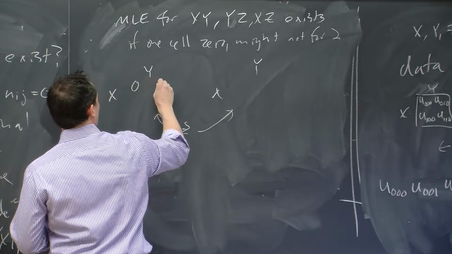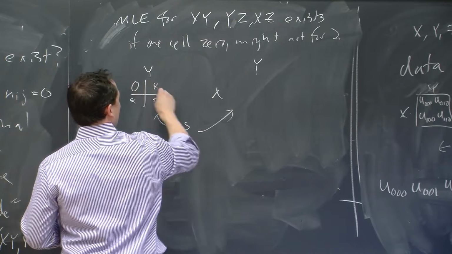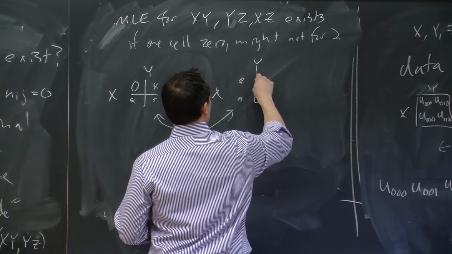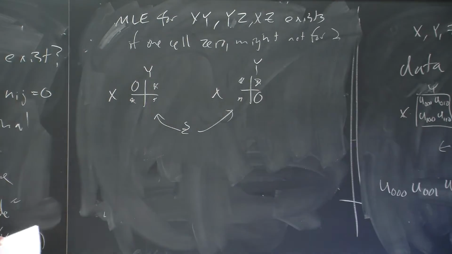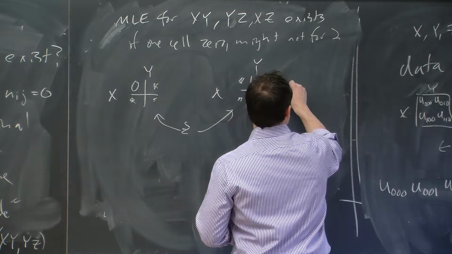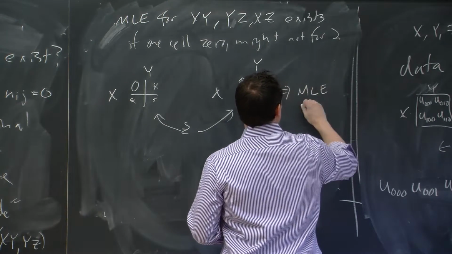If I have 0, something, something, something over here, and something, something, something, 0, where the somethings are all non-negative, if I have a table that looks like that, then the maximum likelihood estimate does not exist.